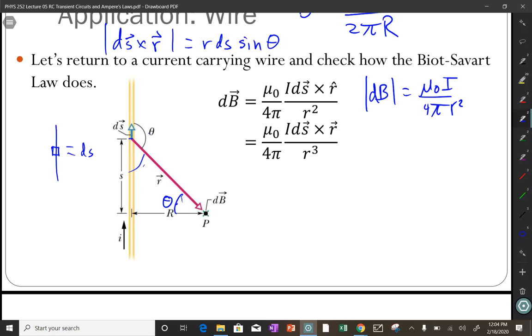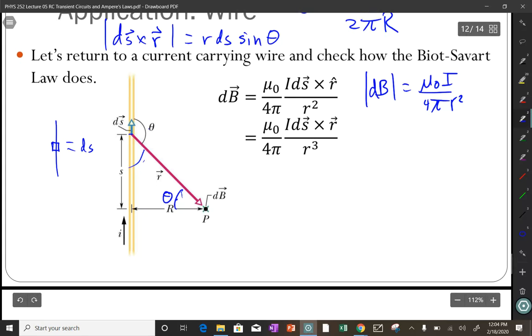It would have worked out either way. So let's move on. The dB magnitude is that times, and since I did the top one with R hat, there's no R here, so it's sine theta ds.